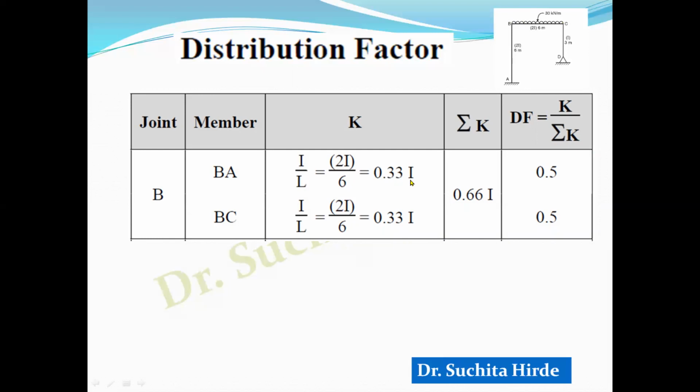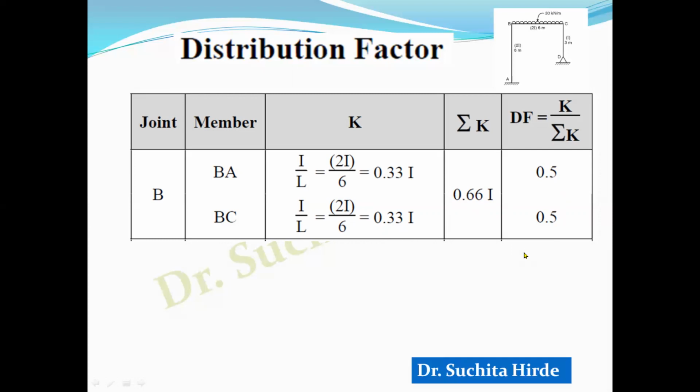So you get 0.33I and then add these to take the summation. After calculating the summation, take the ratio of this K and summation K, and you will get the distribution factor. After calculating distribution factor, always check whether the sum is 1 or not. The sum of distribution factor at any joint must be equal to 1.